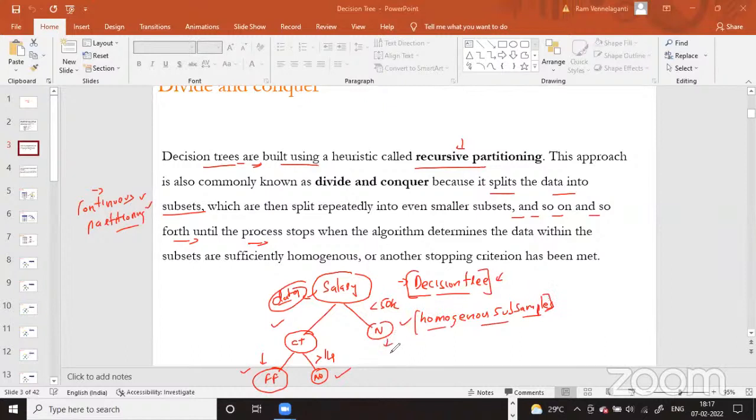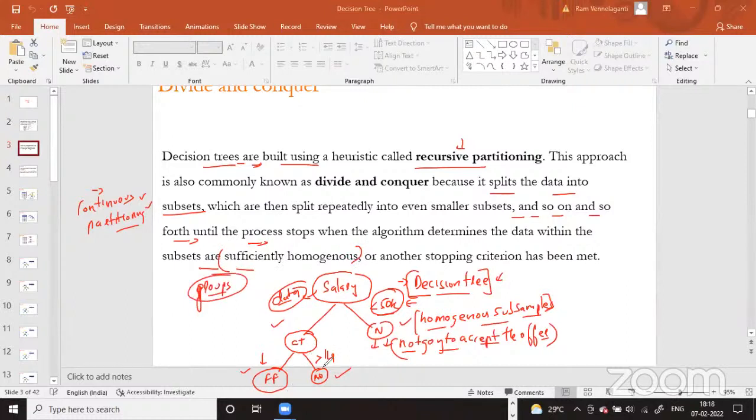Until we create homogeneous groups. For example, if salary is less than $50,000, I can categorically decide that I'm not going to accept the offer. Without any confusion, I can decide that I'm definitely not going to accept the offer. So this is a homogeneous partition for us. You are going to keep splitting your data till you are able to create sufficiently homogeneous groups.